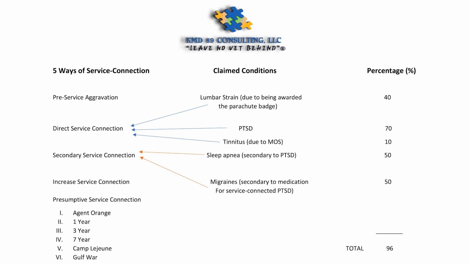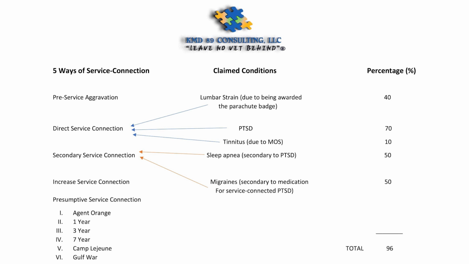So on the left, you have the 5 ways of service connection: pre-service aggravation, direct service connection, secondary service connection, increased service connection, and presumptive service connection: Agent Orange, 1 year, 3 year, 7 year, Camp Lejeune, and Gulf War. Now, in the middle, I picked conditions that I feel, and I'm going to repeat that I feel, if you have these diagnoses, this is the quickest path to permanent and total if you meet the percentage criteria for each one of these conditions that I've listed, okay?